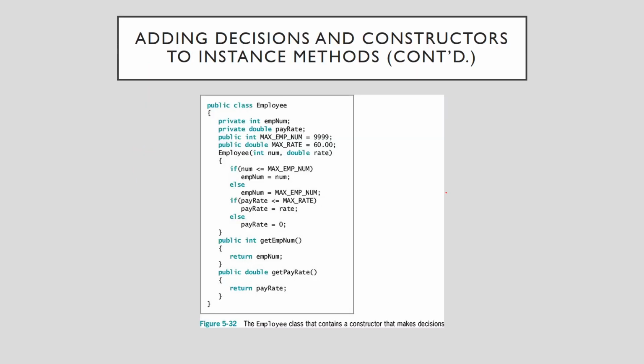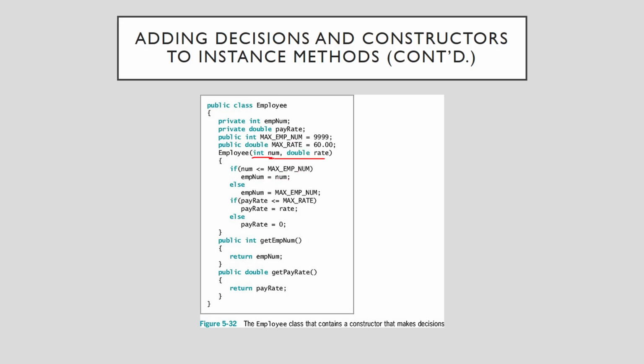So just like this one, adding decision making logic to the constructor, where this constructor will accept two values. The first one is an integer and the second one is a double. The value of num is being evaluated, and if it is less than or equal to max emp number, then emp num is equal to num.